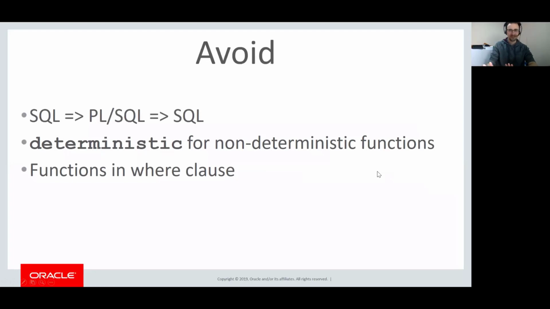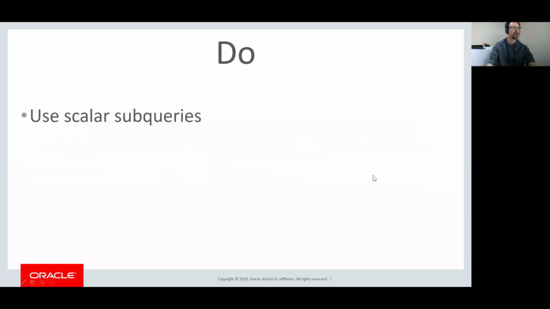Okay, so those are the things to avoid. However, there are some things which I think you should do. One of the things we've seen is using scalar subqueries. These can give quite a big performance benefit. Now, they can be a bit fiddly. In particular, if you've got a lot of SQL statements and they've got a lot of functions in them, am I saying you should go through every single one of them and create a scalar subquery?